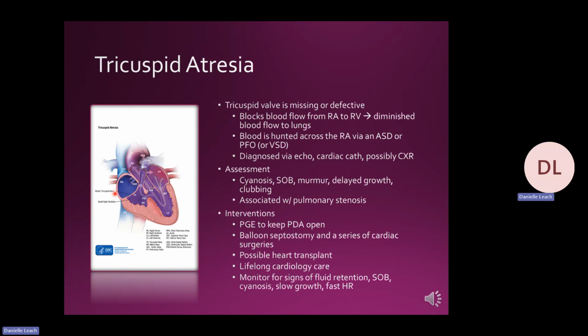They could have a possible heart transplant if it is extremely severe and cannot be corrected in other ways. They're going to have lifelong cardiology care. We want to monitor for signs of fluid retention, shortness of breath, cyanosis, slow growth, and a fast heart rate.